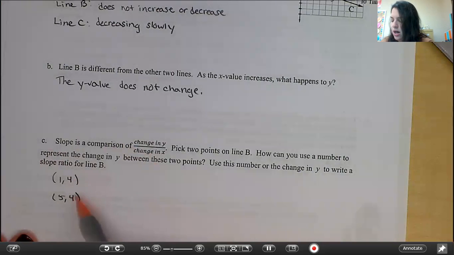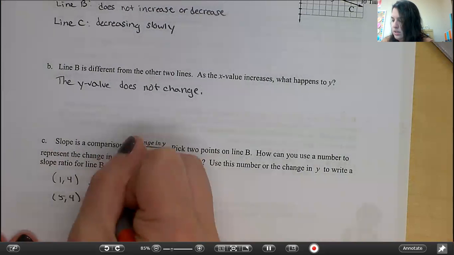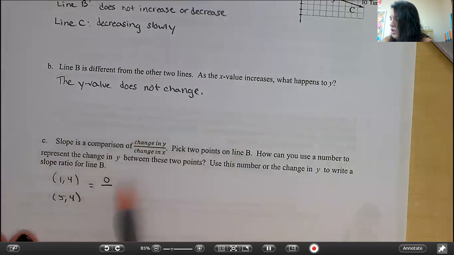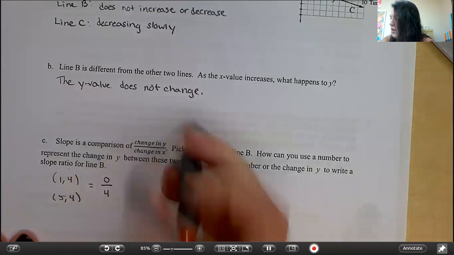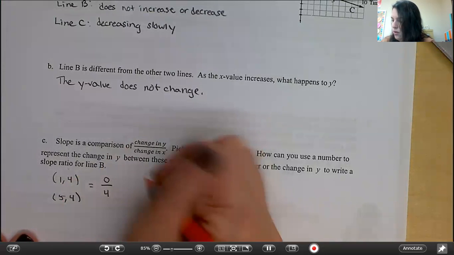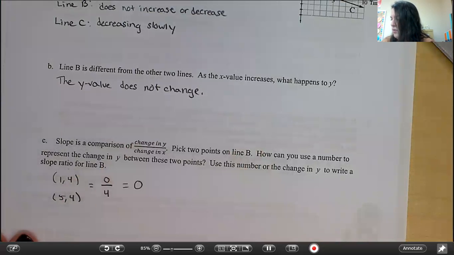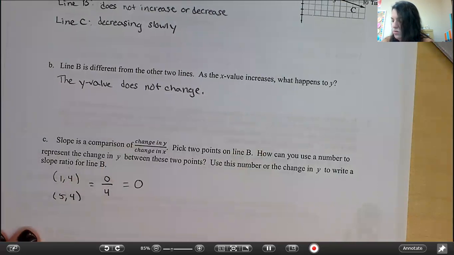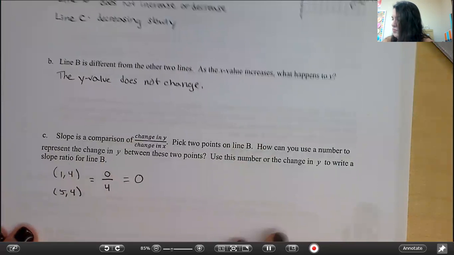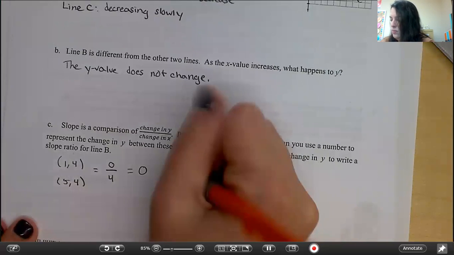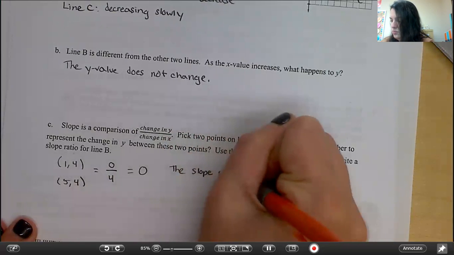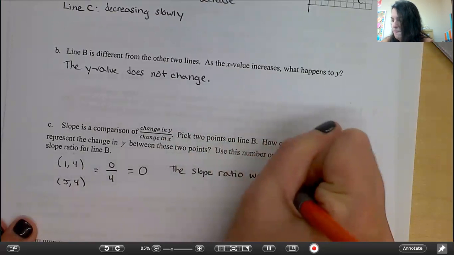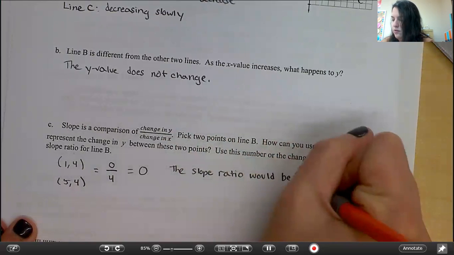Well, the change in y would be 0, and the change in x would be 5 minus 1, which is 4. So 0 over 4 is just 0. So the slope ratio would be 0 over 4.